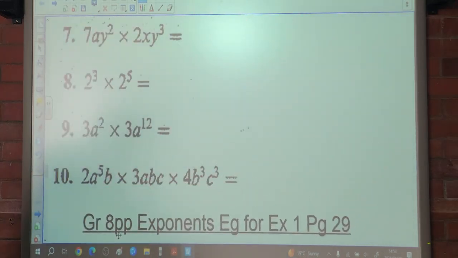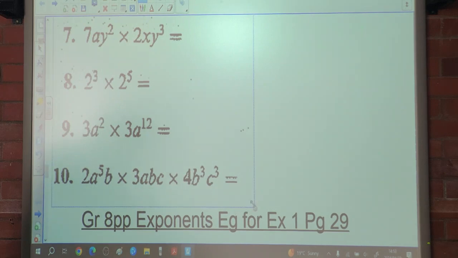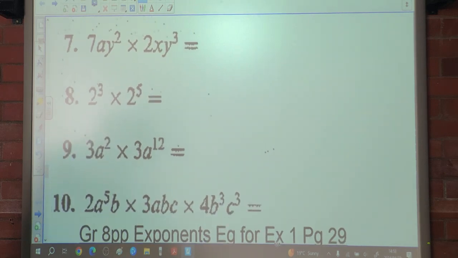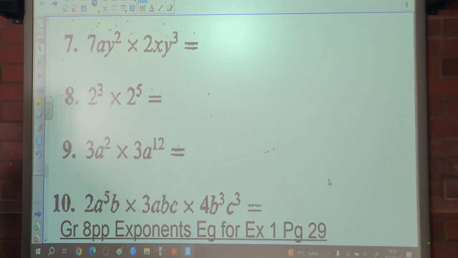Number 7. You got 2ay squared times 2xy cubed. What do you think the answer is going to be? 14.